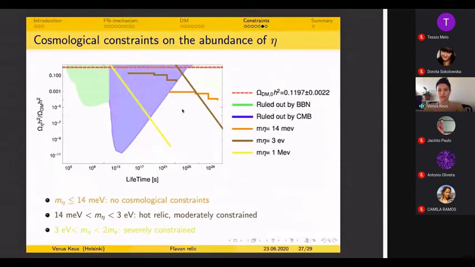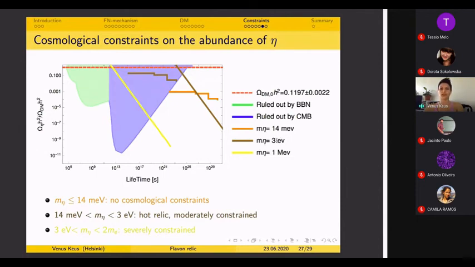This 3 eV is the limit where the freeze-out production of your dark matter is completely ruled out. Okay, so if you're moving between 14 milli-electron volt and 3 electron volt, there are regions of the parameter space where the freeze-out production of eta is perfectly fine.